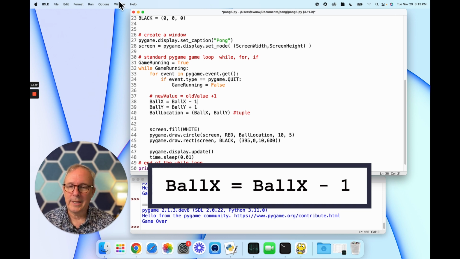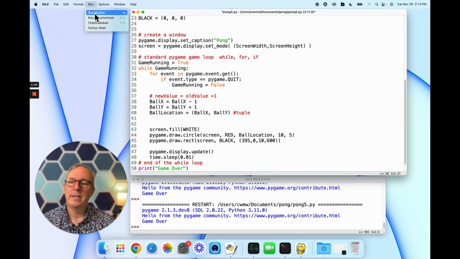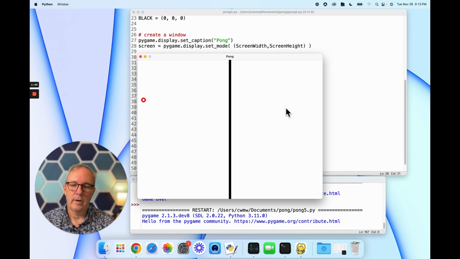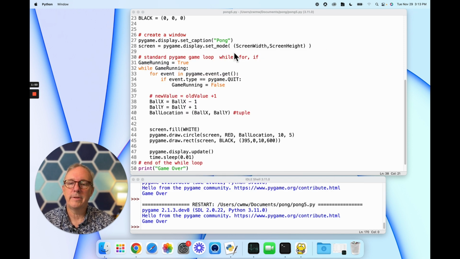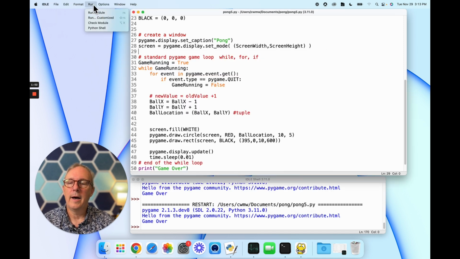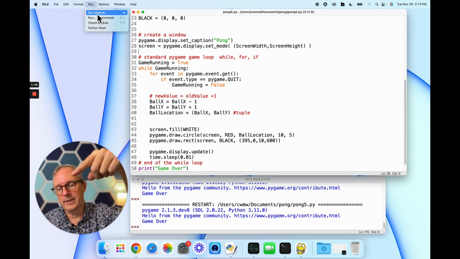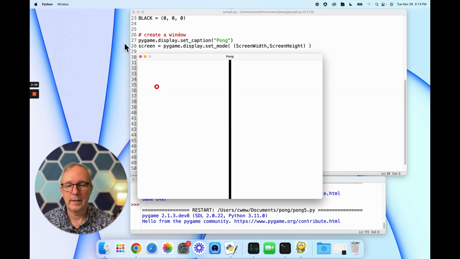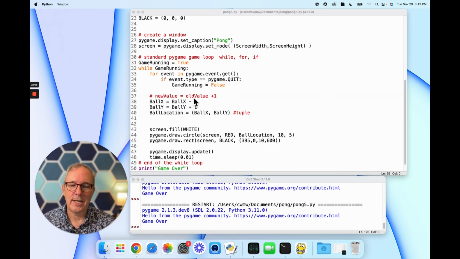So let's see what that does in terms of this code. I don't know if you got to see that fast enough. Let's try that again. The ball is basically moving diagonally down towards the left. And that's just because I changed that from a +1 to a -1.